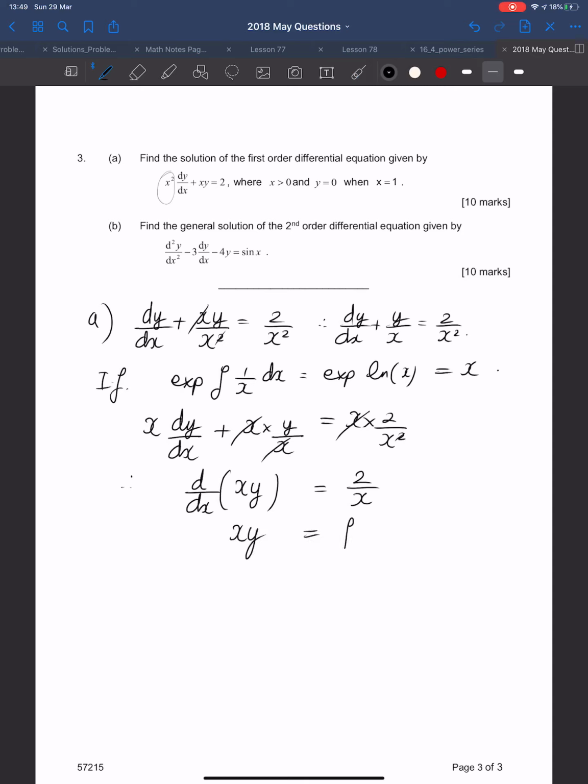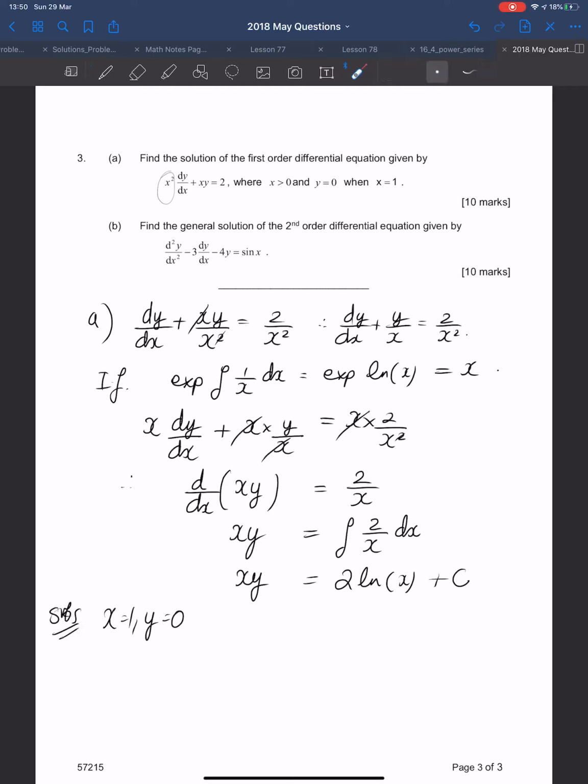xy, integrate both sides with respect to x. xy is 2 ln x plus c. What's it say? x equals 1, y equals 0. So we're going to work out what the c is now. I just wrote that down.